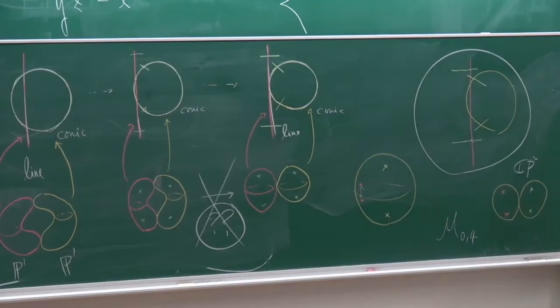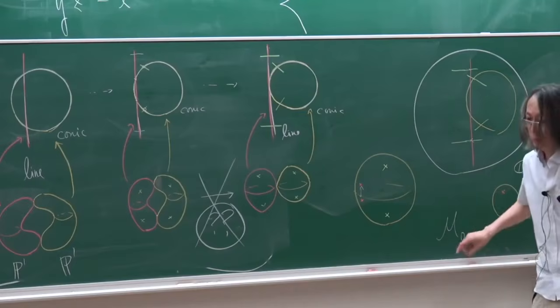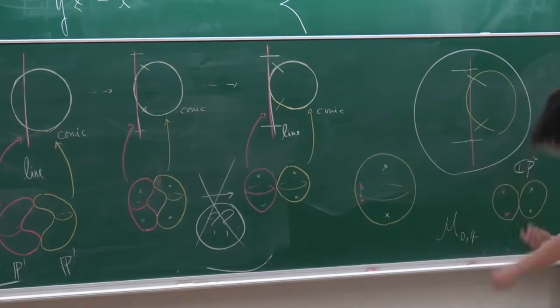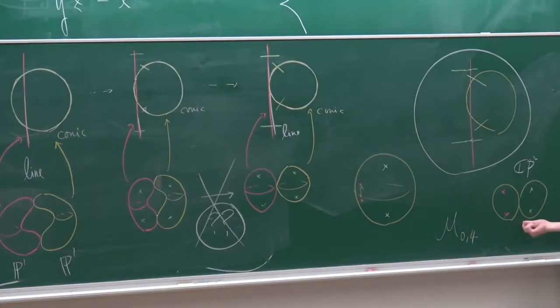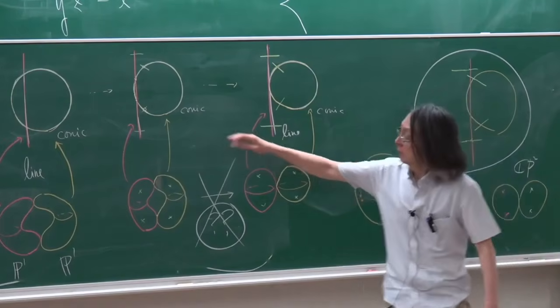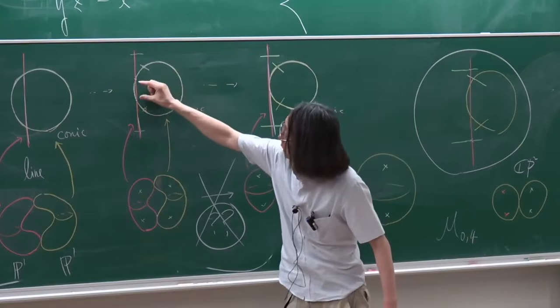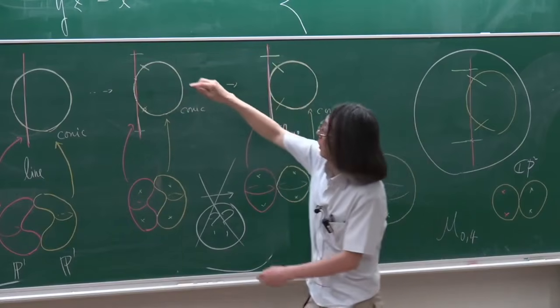So this is the Deligne-Mumford compactification. In the case of rational curves, you can also explicitly use the cross ratio to parameterize the objects in the moduli space of genus 0 curves. But anyway, this is a limit curve.